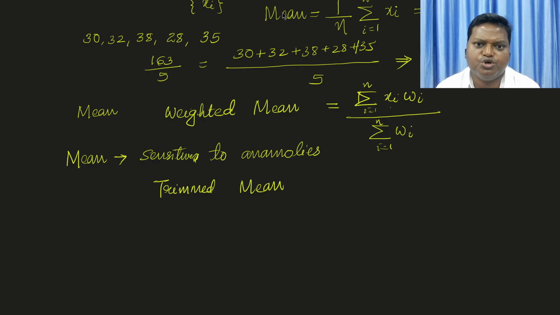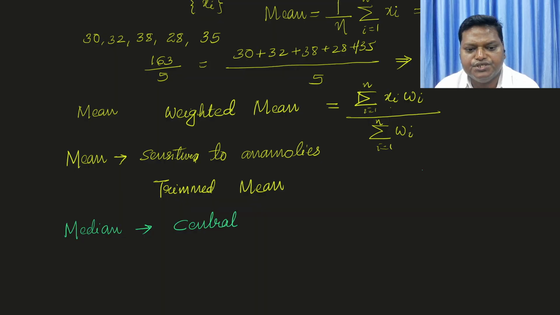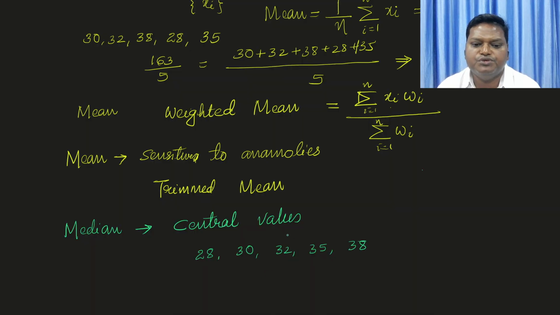The second measure of central tendency is median. So what is median? Median is the central value. For example, if you arrange the data in ascending order, taking the same example: 28, 30, 32, 35, and 38. The middle value is known as the median.